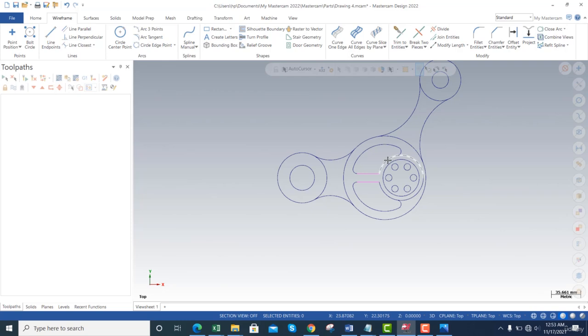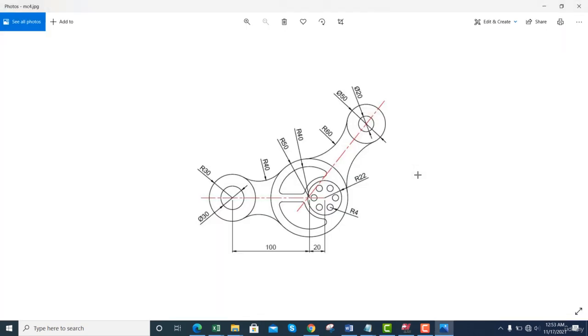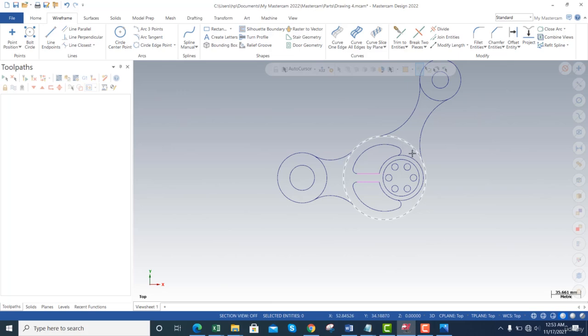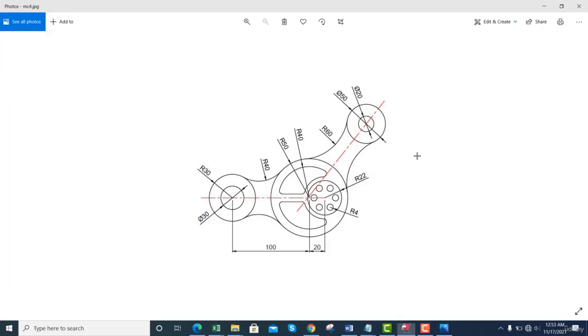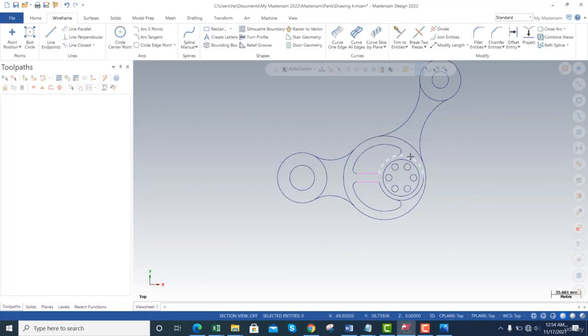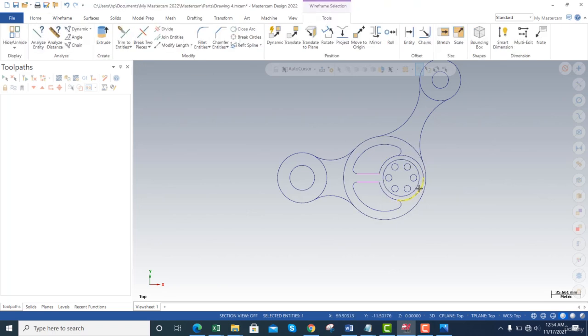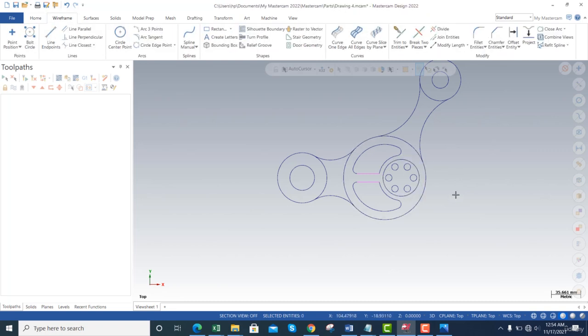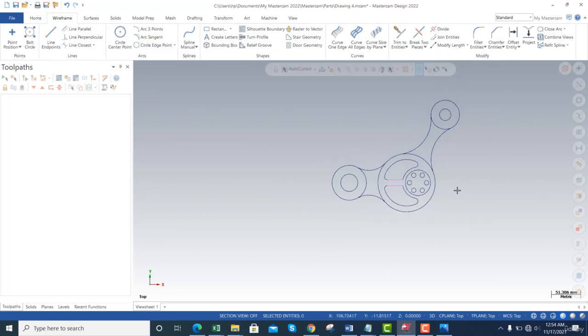Okay, one thing more which we didn't do, we have this inner circle and we don't need this outer portion, so let's also break it or trim it. So let's break it at this point and this one at this one. Now I'll delete this and okay, perfect.